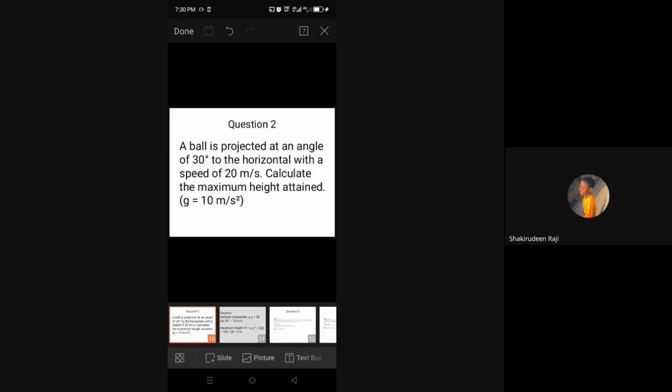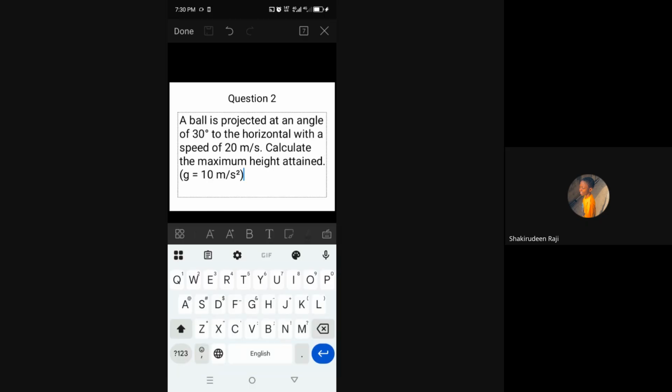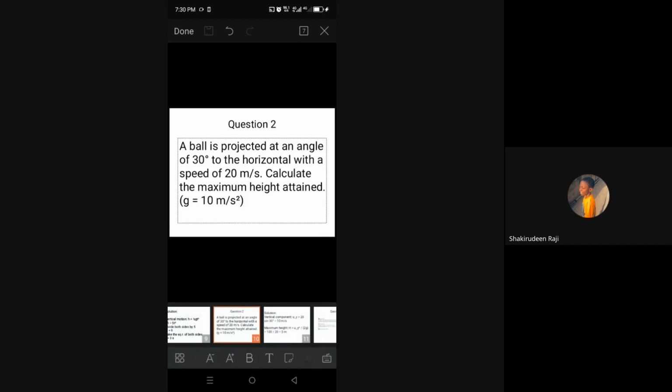What if they had asked you for the vertical component of the velocity? Like if the question says you should calculate the velocity vertically, what would you have done? Vertical component.